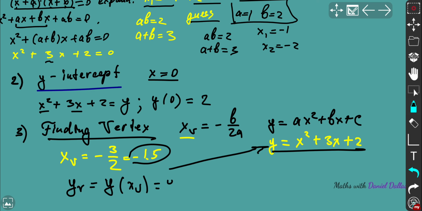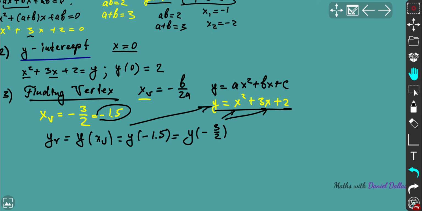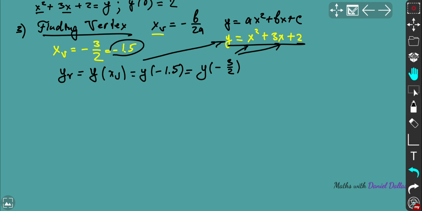This is y of minus 1.5. But I prefer to use the fraction minus 3 over 2, and that is what you plug in instead of x here and x there. So let's do it right now and calculate what we finally have.